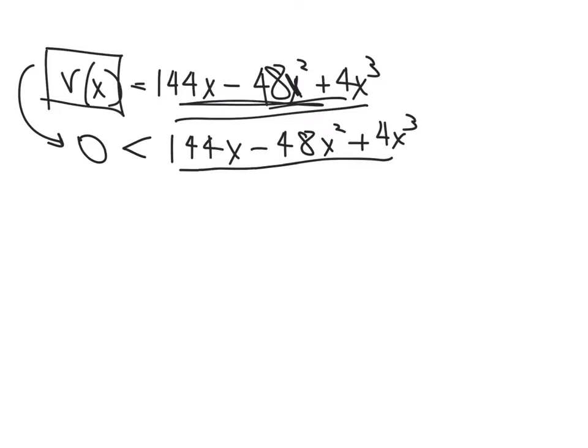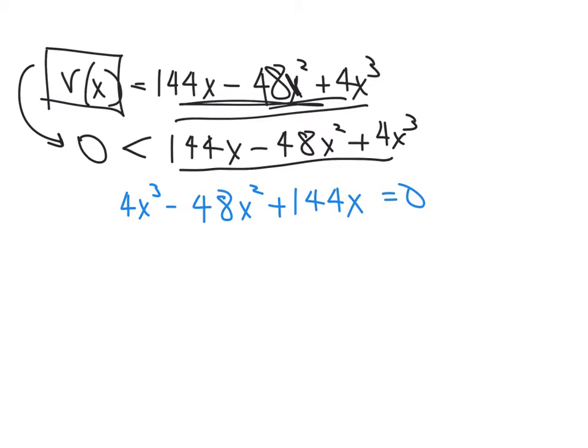Step 2 says solve f of x equals 0. So I'm going to change this around a little bit. I'm just going to rewrite it so that my 4x cubed is in the front, and it says I'm supposed to make it equal to 0.